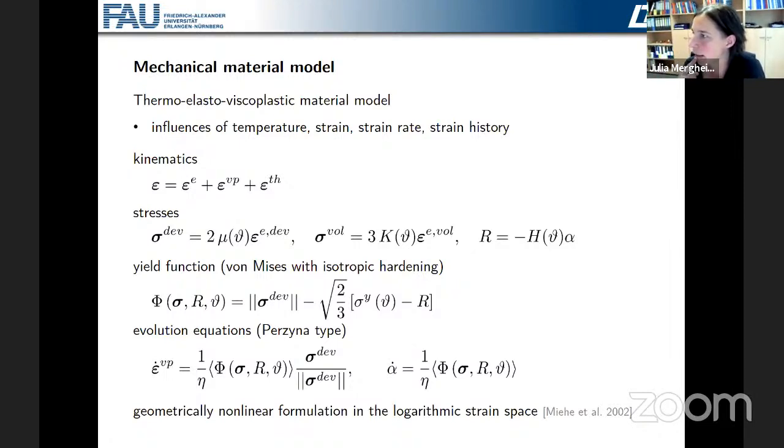Mm-hmm. And you can show that if you put that in, then due to this logarithmic formulation, you can also use this additive decomposition. So actually this epsilon is then not the linearized strain anymore, but that becomes this Hencky strain, so this logarithmic strain.